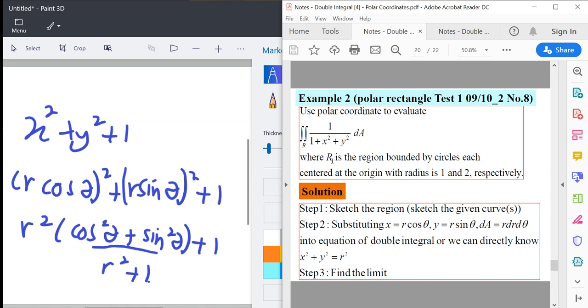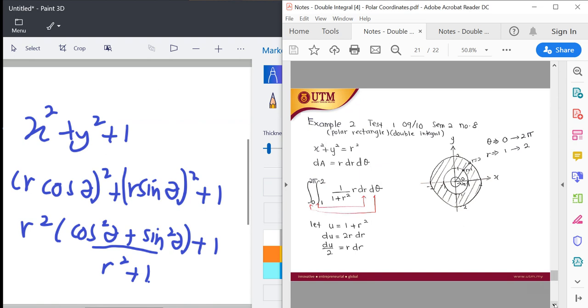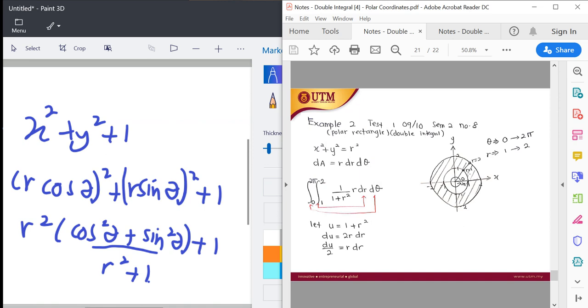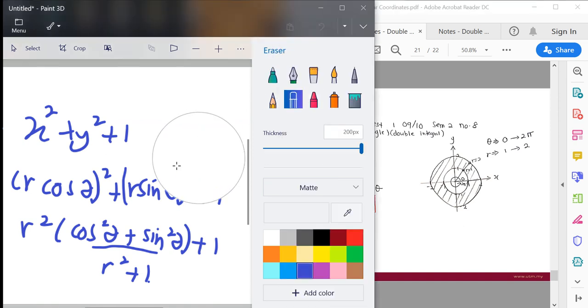The region is bounded by circles centered at the origin with radius 1 and 2. So basically we have two circles here, and we're going to find which shaded region is involved to answer the question.